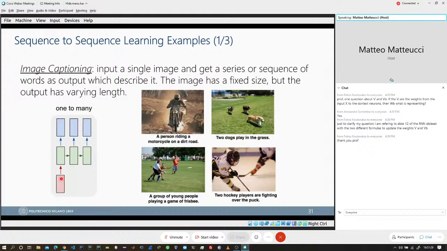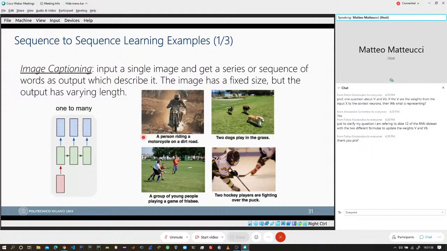So basically, let's assume that we have as input an image. This goes through most likely a convolutional neural network, which will give you a vector, this red arrow here, a vector which represents the input. Then you have a long short-term memory here that will start outputting words, words that might describe, for instance, the scene in the picture.